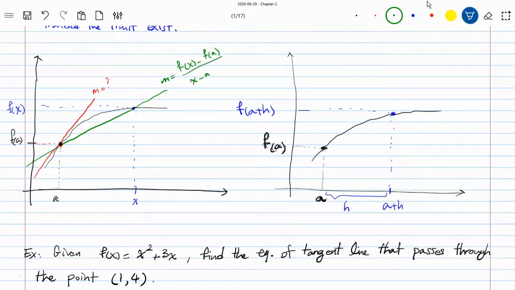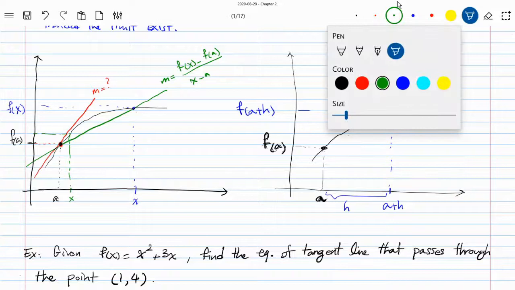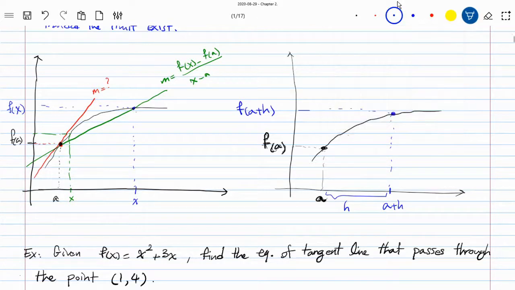This is the slope. But if I pick the point x very close to a, let me use a different color to make sure you can see the difference. Okay, let's try blue maybe.